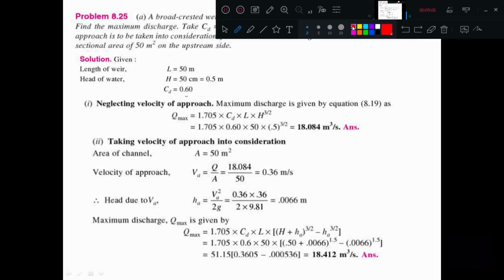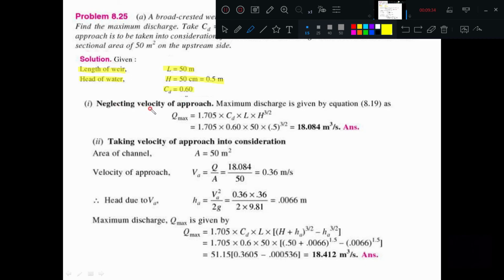So let us write the given data here. The length of the weir, that is L, is given as 50 meter. Then the head of water is given as 50 centimeter, and the CD value is given as 0.6.